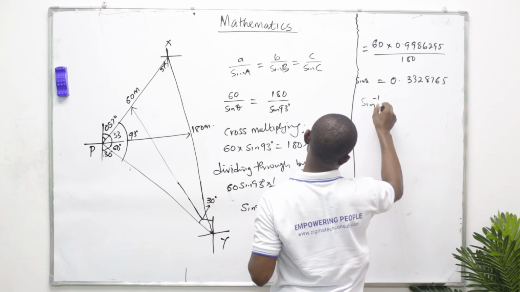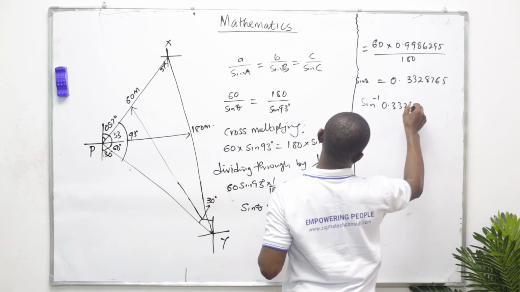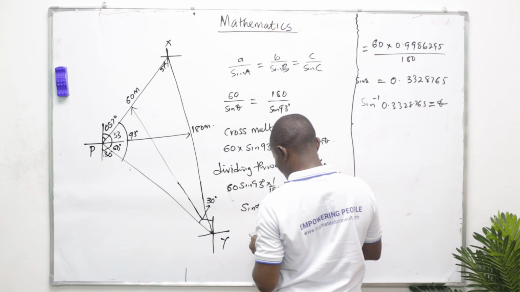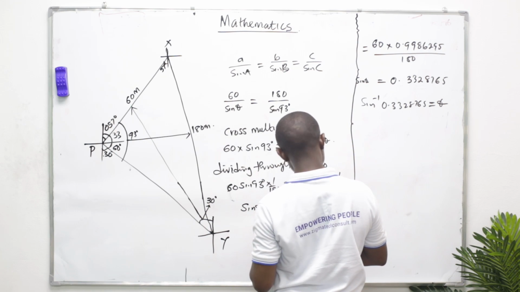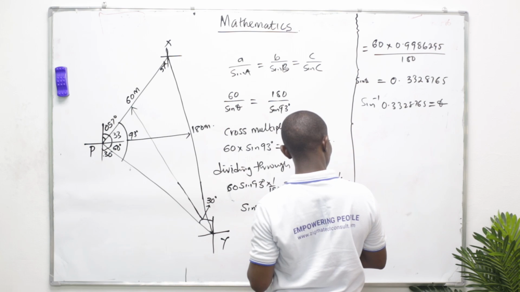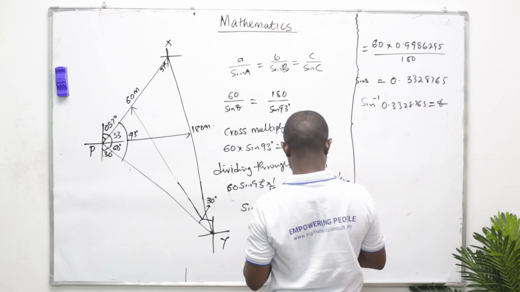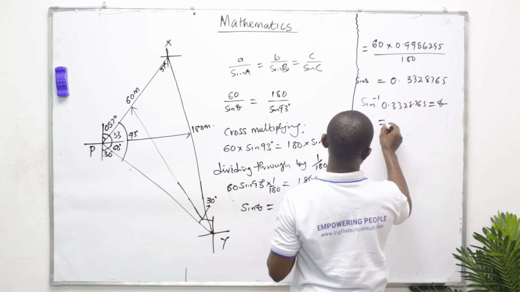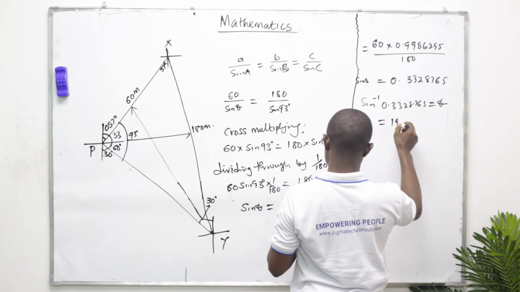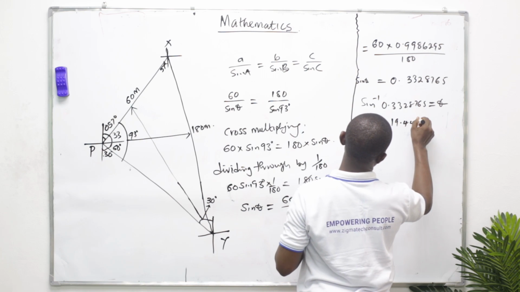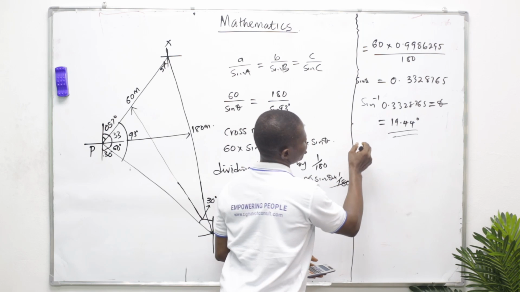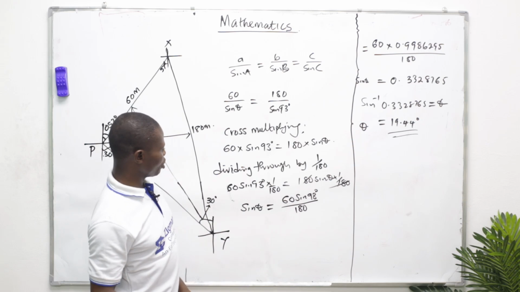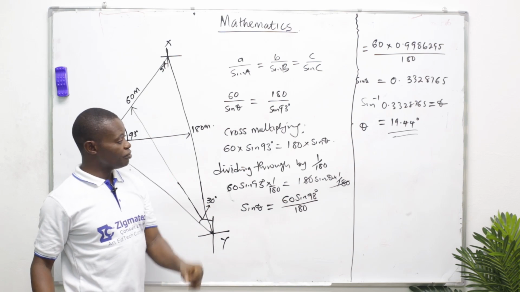Sin inverse of 0.3328765 equals theta. So shift sin 0.3328765 will give us 19.44 degrees. So theta equals 19.44 degrees. But the question is the bearing of S from Y.